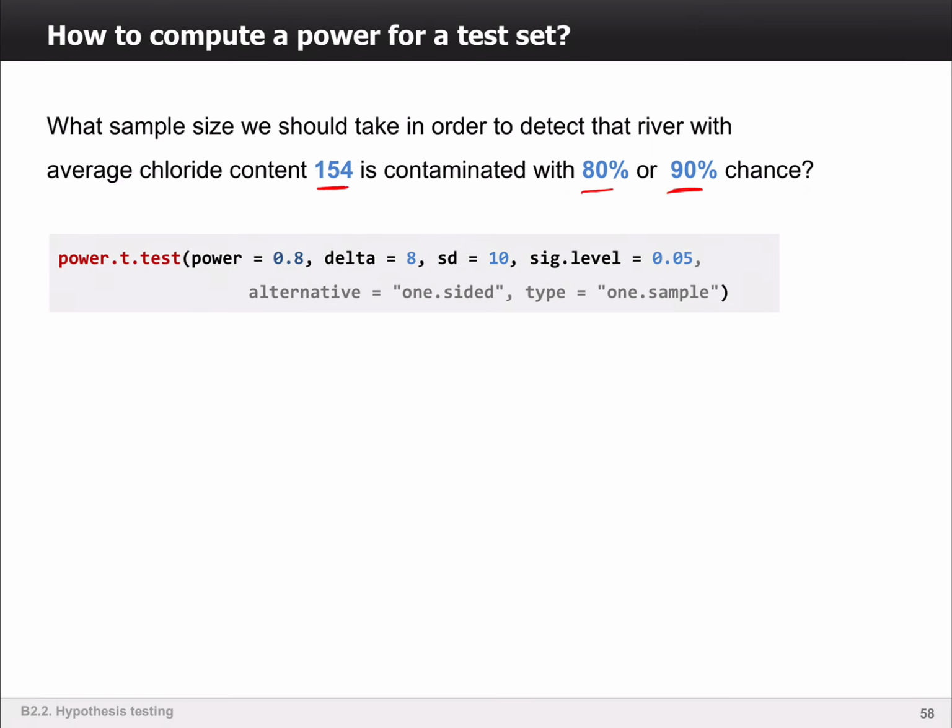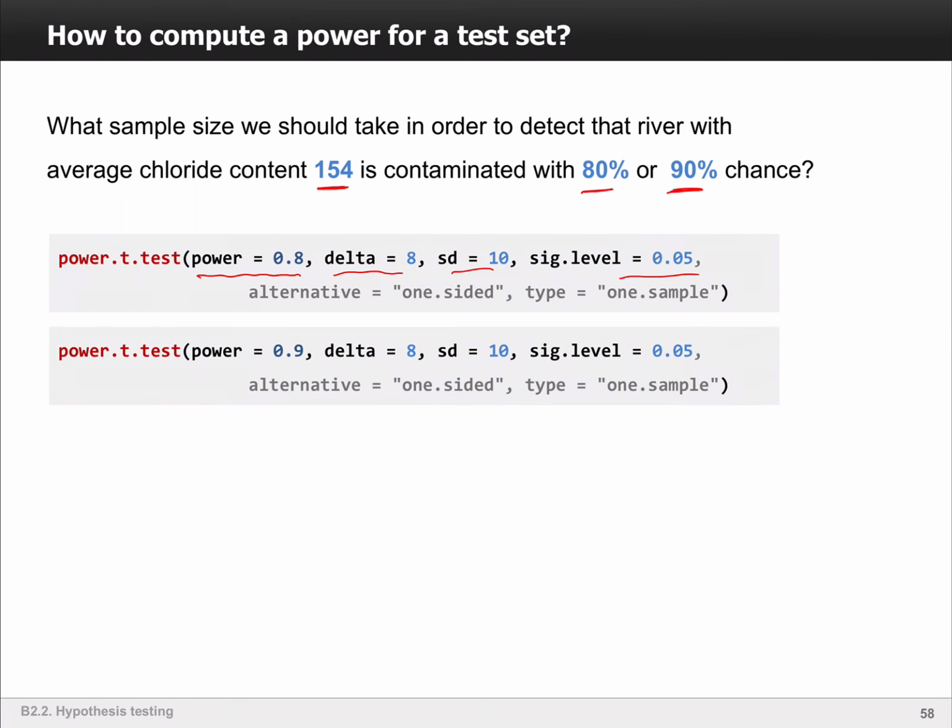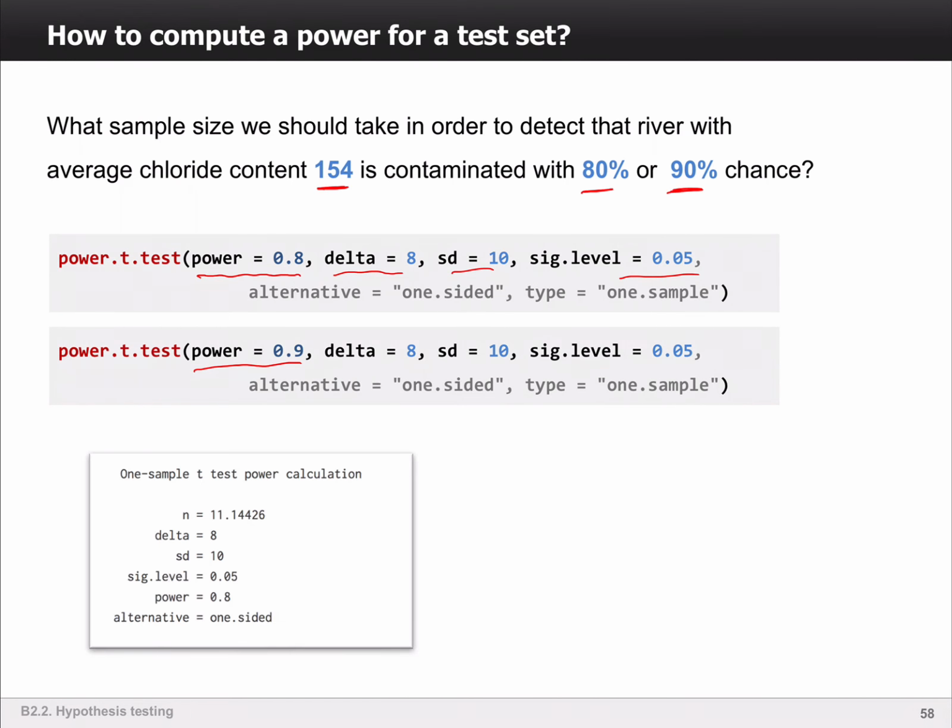In this case, look, I don't have n anymore. Instead of n, I provided power. Before, I didn't know the power, I just didn't provide it and it was calculated. Now I know power, but I don't provide n, so it will calculate n using power, effect, standard deviation, and the significance level. Okay, and then I run it two times, one for power 0.8 and one for power 0.9. Let's see what it tells us.